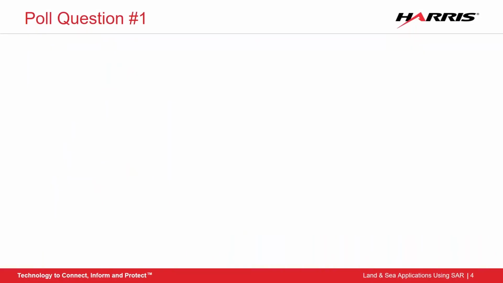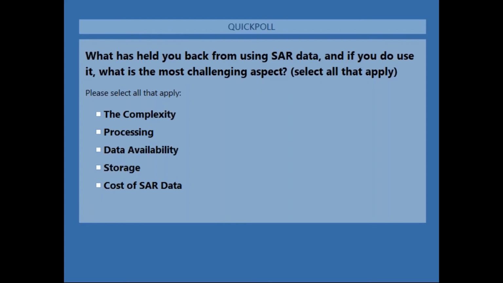So now we'll go to our poll question 1. What has held you back from using SAR data? And if you do use it, what is the most trying aspect of using SAR data? You can select all that apply: the complexity, processing, data availability, storage, or cost of SAR data. So please click now, and you'll have a few seconds, and I'll read out the answers when we get there.